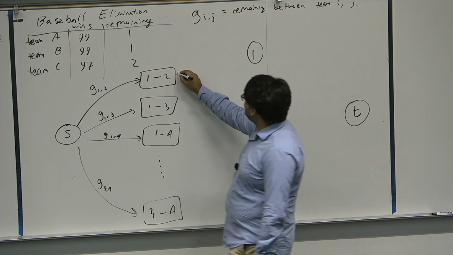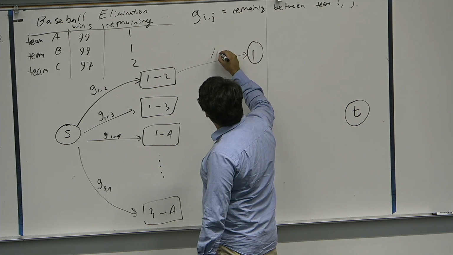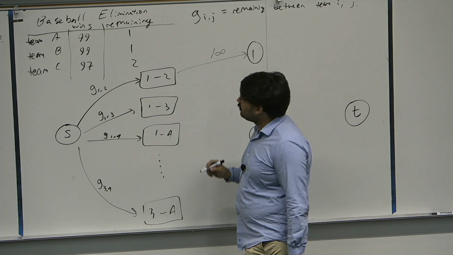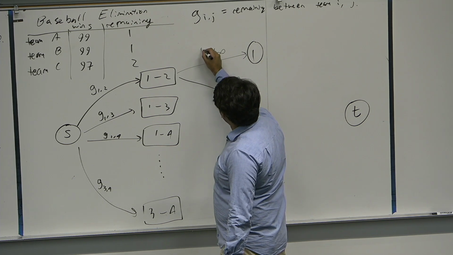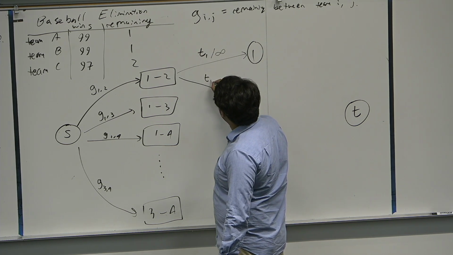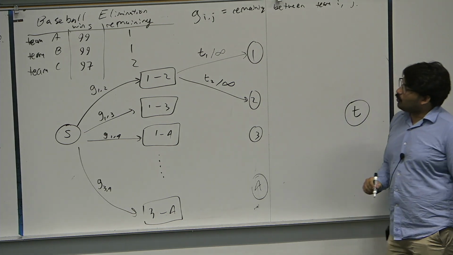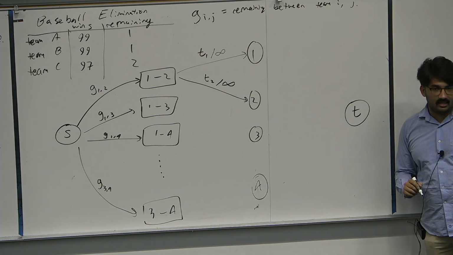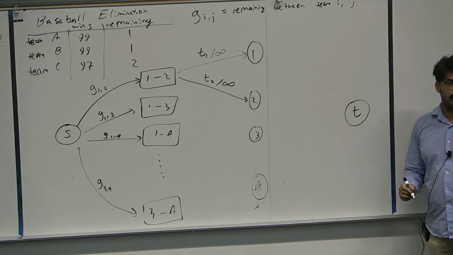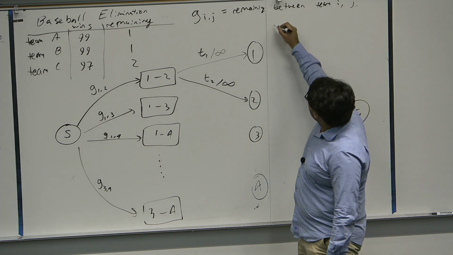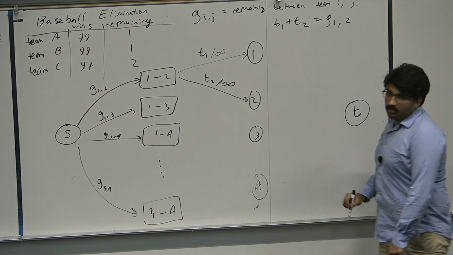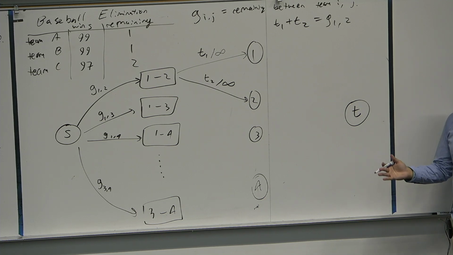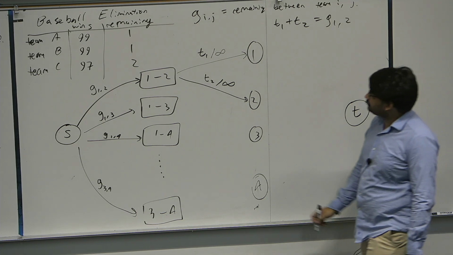So what we do is we assign a capacity here of technically infinity, but it doesn't really matter. You can set it to G1,2. And we hope to put a flow there of T1 and T2, where T1 is the number of games that Team 1 will win against Team 2, and so on, right? Notice, ideally, by conservation of flow, that T1 plus T2 is going to be equal to G1,2, right? Of the games played between Team 1 and Team 2, Team 1 is going to win T1 of them, Team 2 is going to win T2 of them, right?